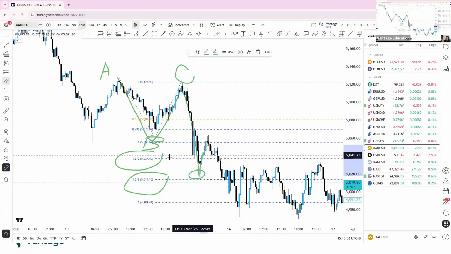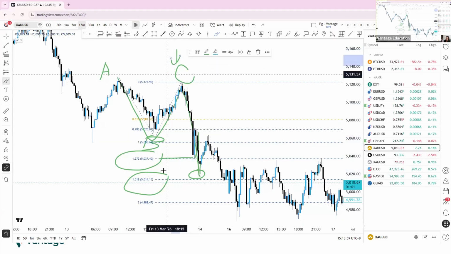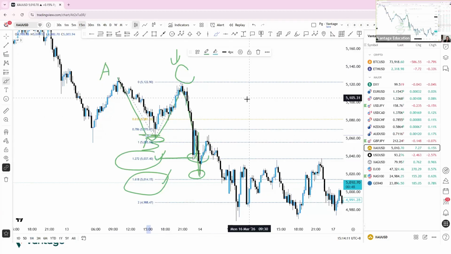In this case, if you want to sell from here, price will likely move to 127 and 161.8 if it goes below the 100% projection. It is similar to extension, right? Extension, okay, I'm going to move back.